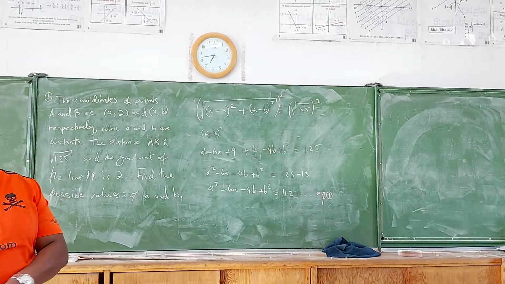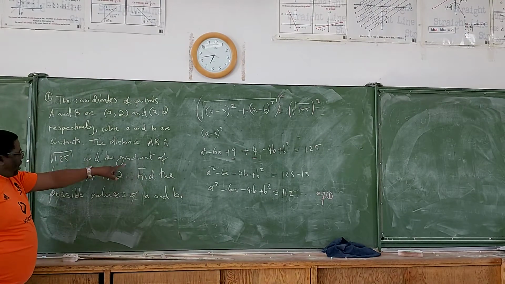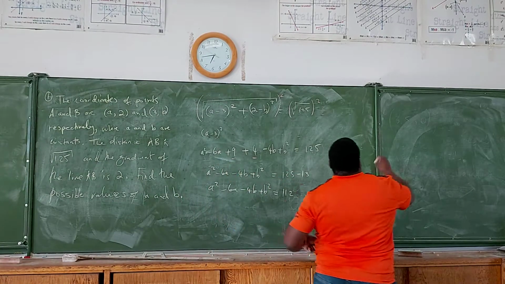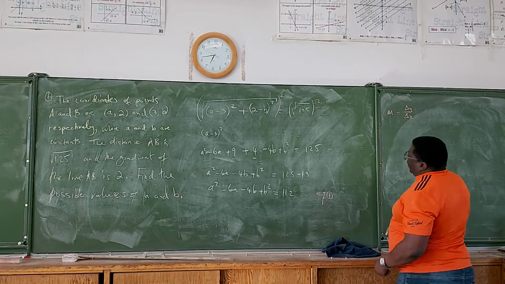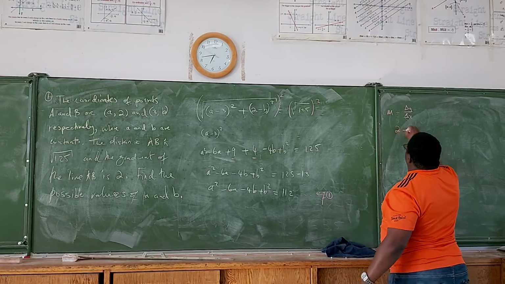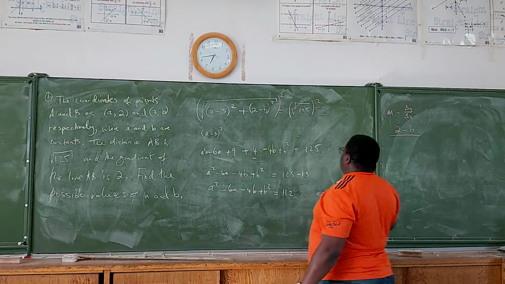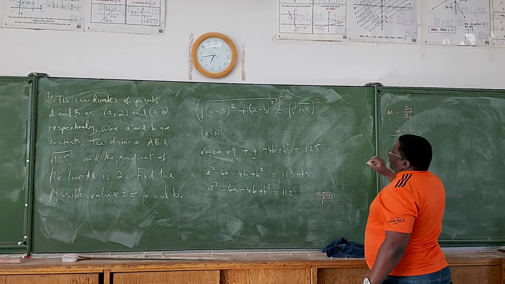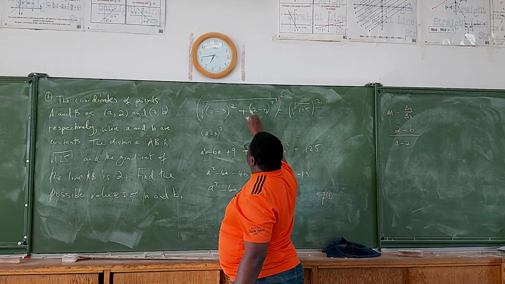That's one condition. Then they also gave us the gradient. They say that the gradient of the line is 2. If we take the gradient, which is delta y upon delta x, the gradient will be the y values subtracted, that is 2 minus b, upon a minus 3.